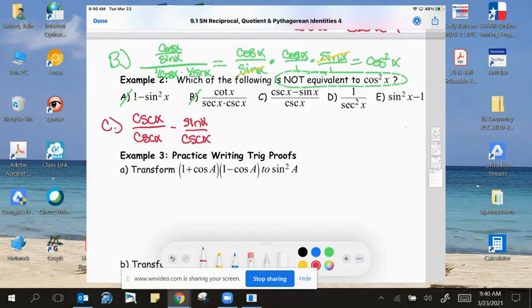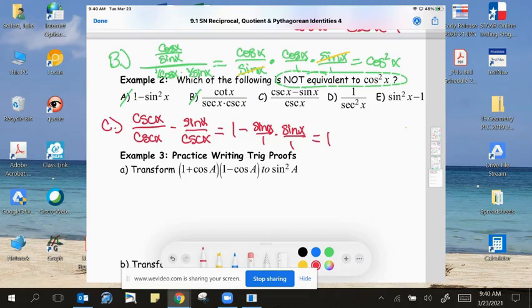Now, any value divided by itself is 1. So cosecant x over cosecant x is 1, minus sine x over cosecant x. Those are reciprocals and we're dividing them, so that would be sine x times sine x, sine x being the reciprocal of cosecant.